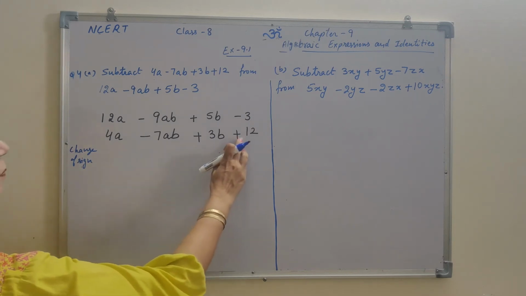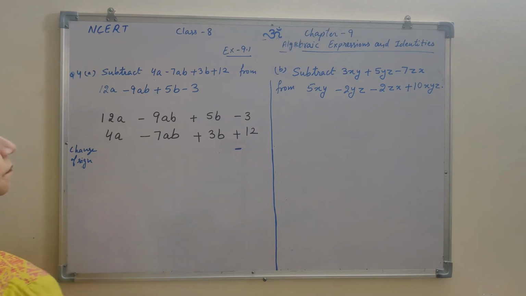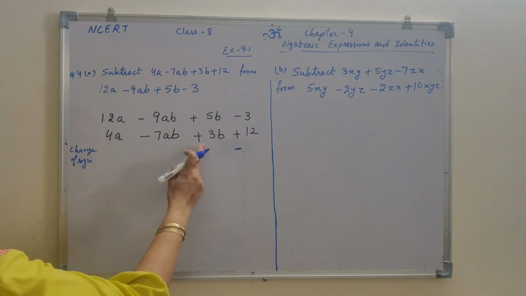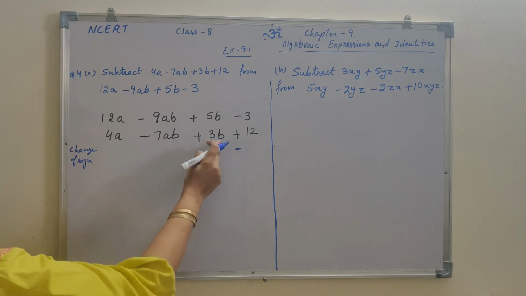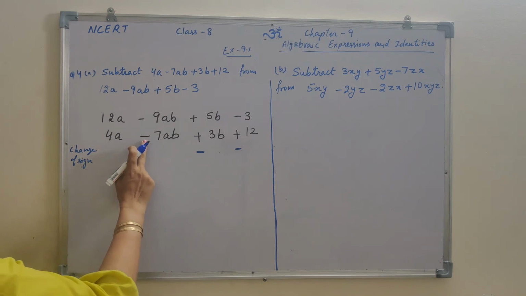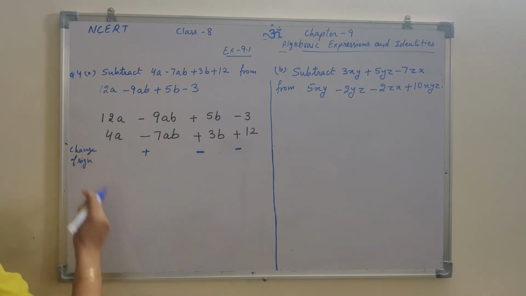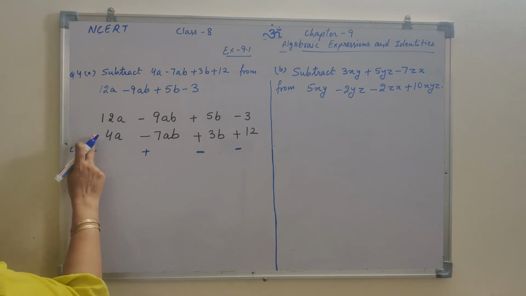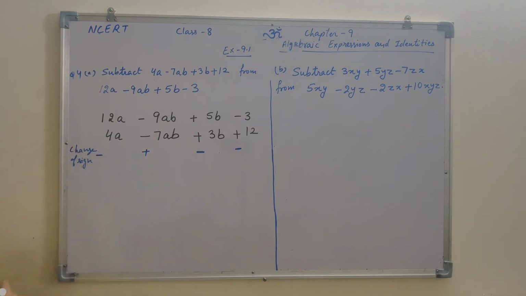See, this is plus 12, it will become minus 12. This is plus 3b, it will become minus 3b. We are changing sign and we will consider those signs now. Minus 7ab, minus will change into plus. And this has no sign, that means it is a plus, so it will change into minus.